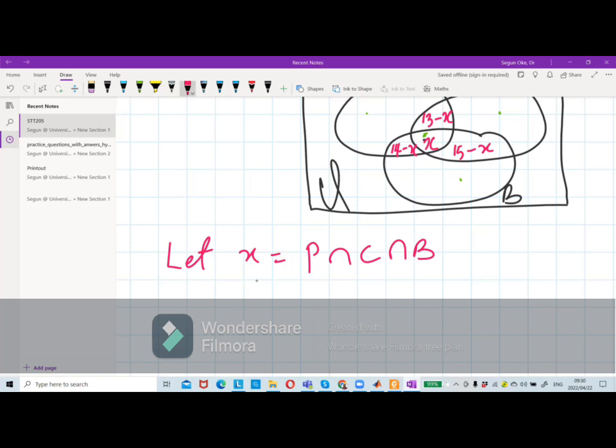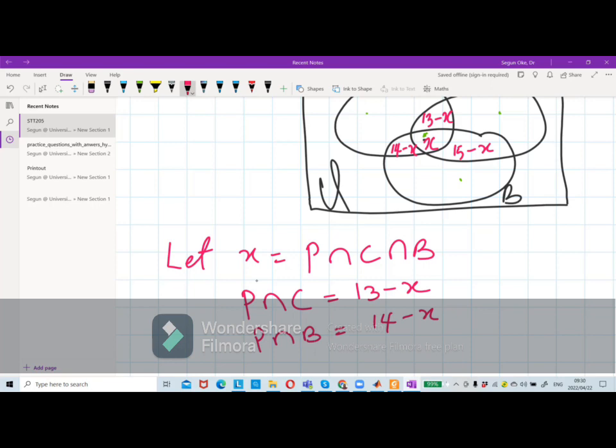Then, if S equals this, then for probability, students that study physics and chemistry will be 13 minus X. Then physics and biology will be 14 minus X. I hope I'm communicating.